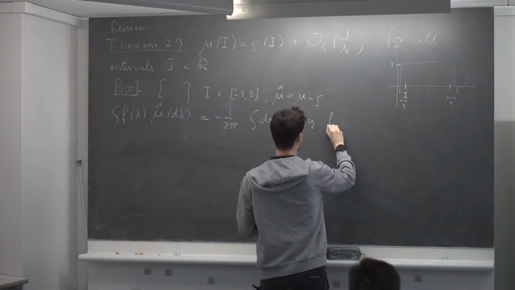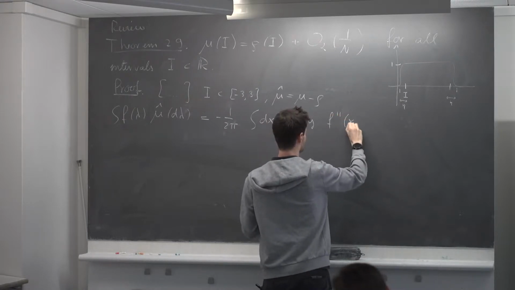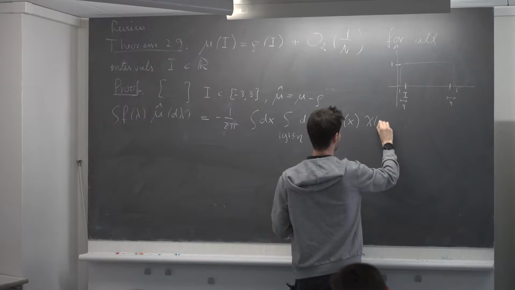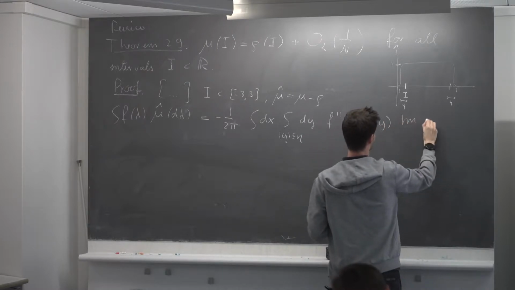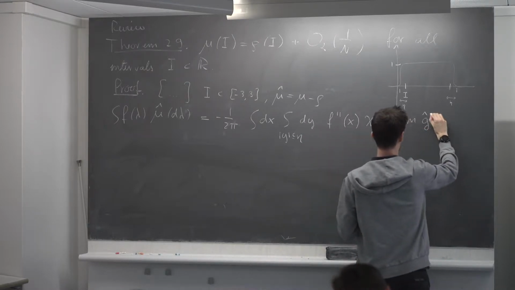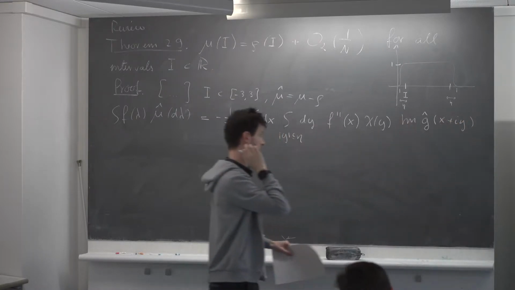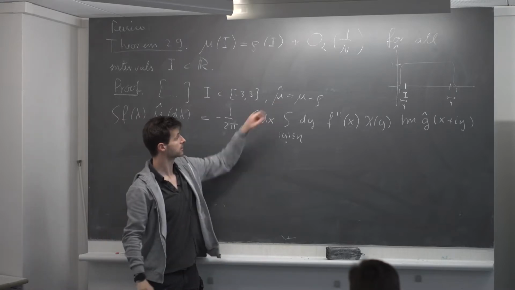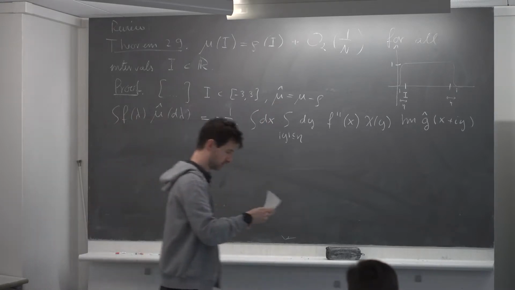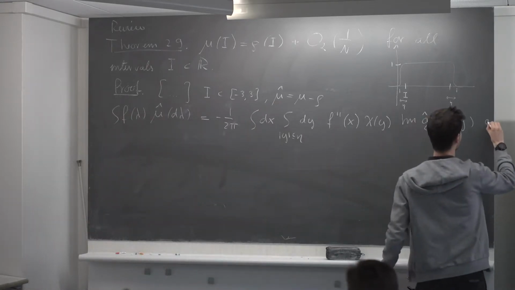So we split this integral into 2. And g hat was the Stieltjes transform of this signed measure.